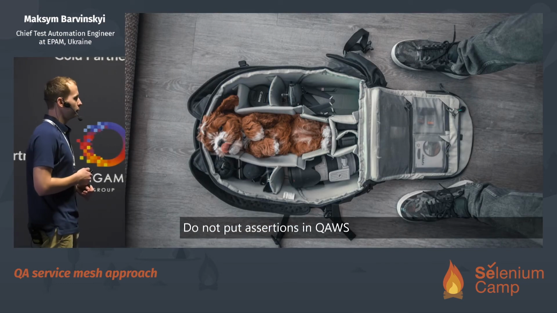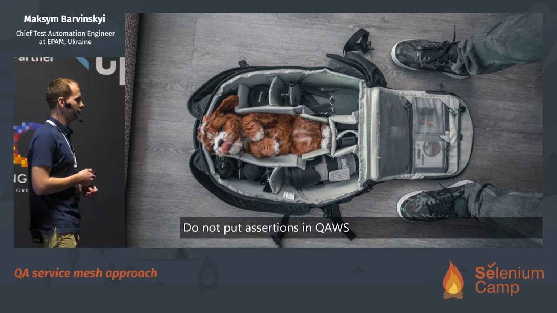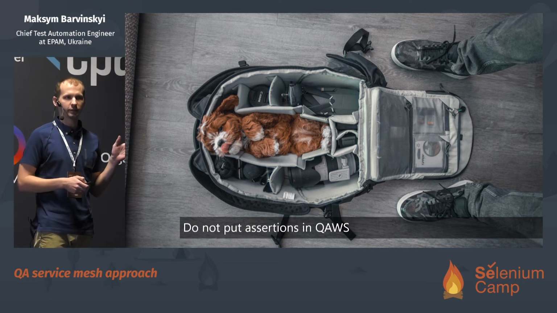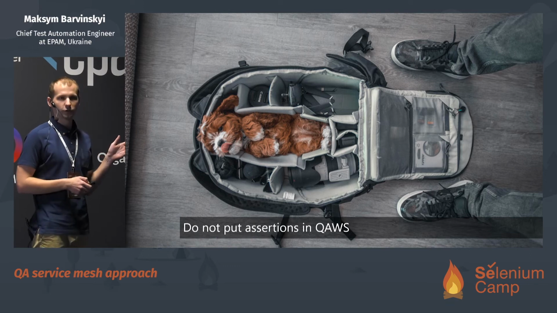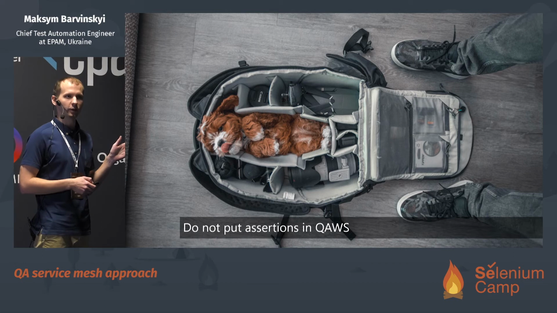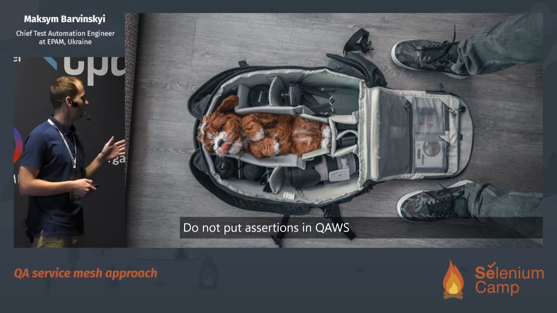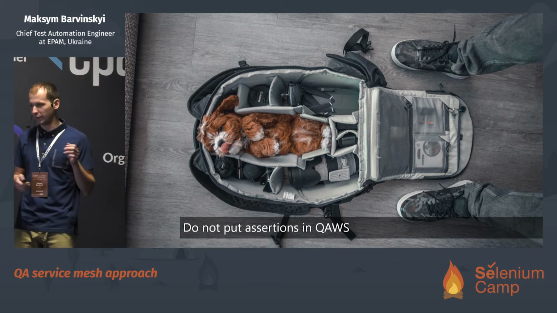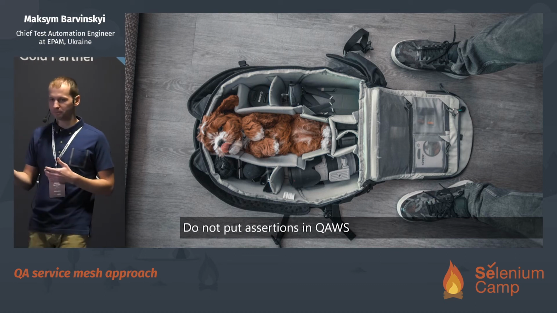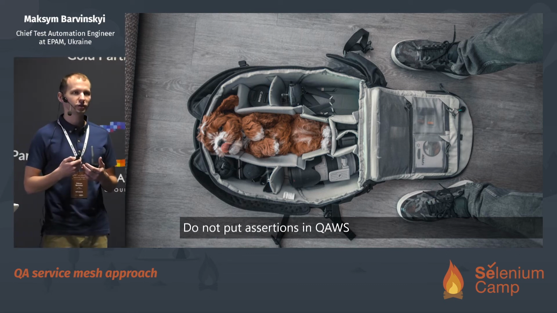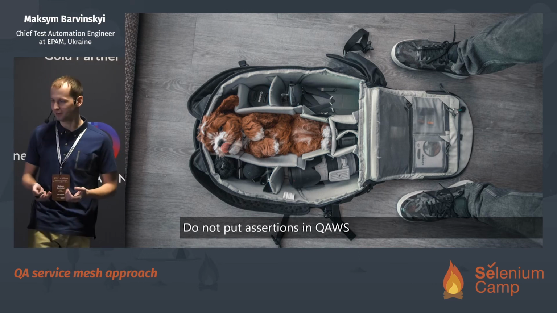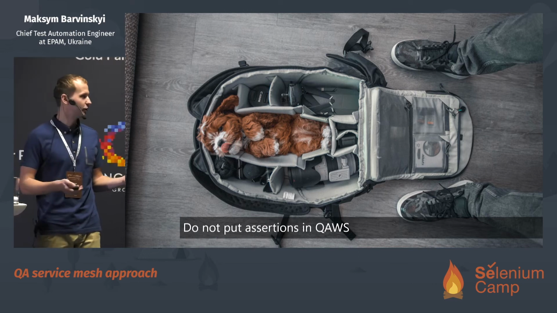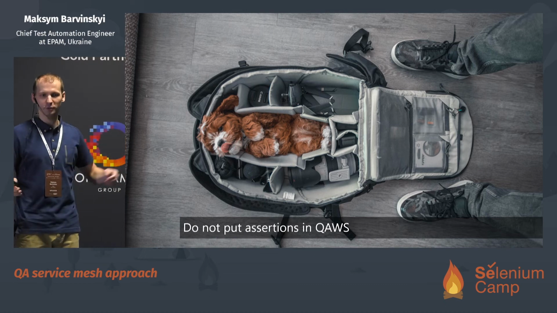And also don't put there something that doesn't fit. For example, assertions. You might think it could be a good idea, but it's not. Instead of getting a message and parsing it in the test, you think, hey, I could just check it right there on QA web service.